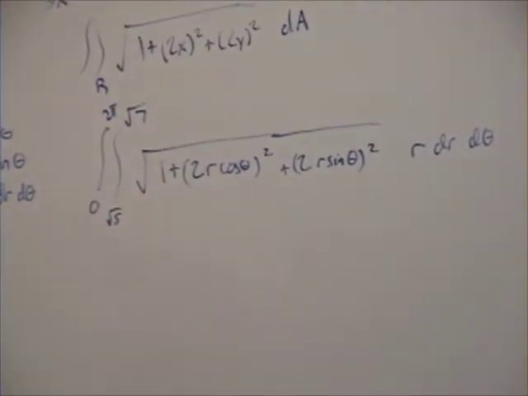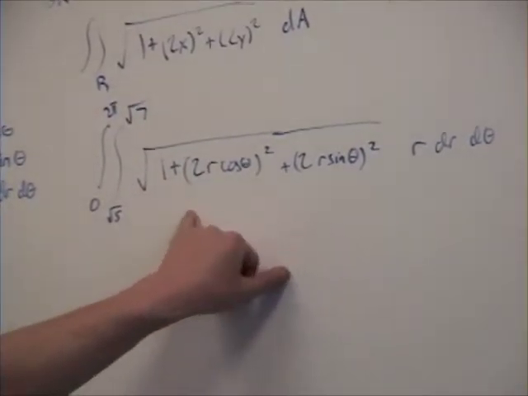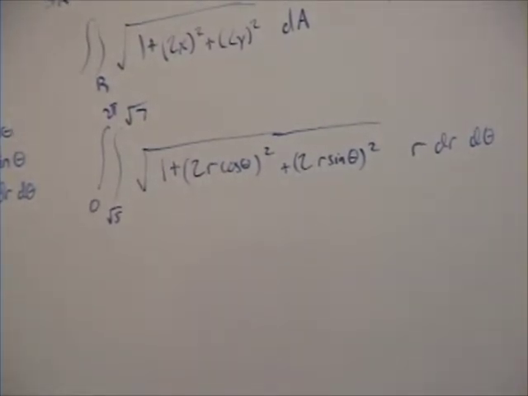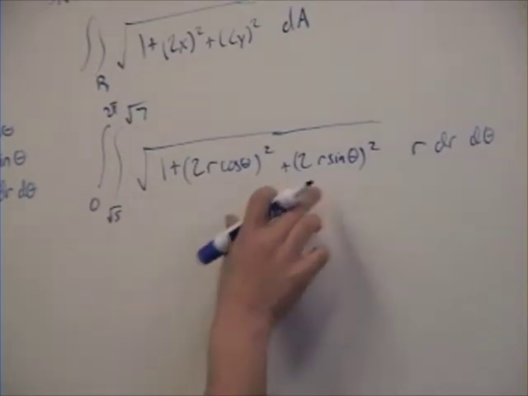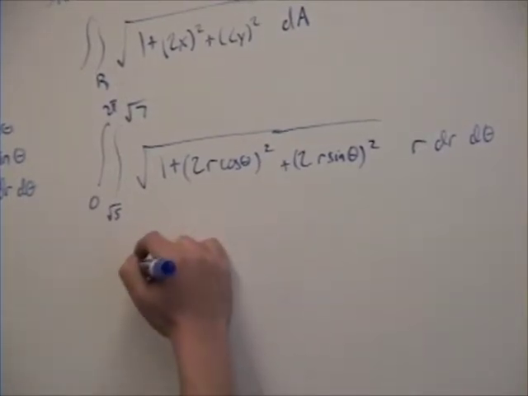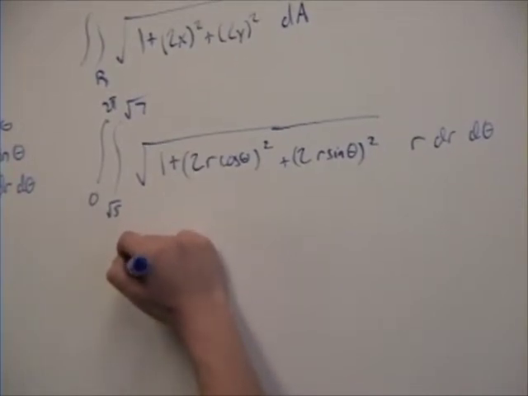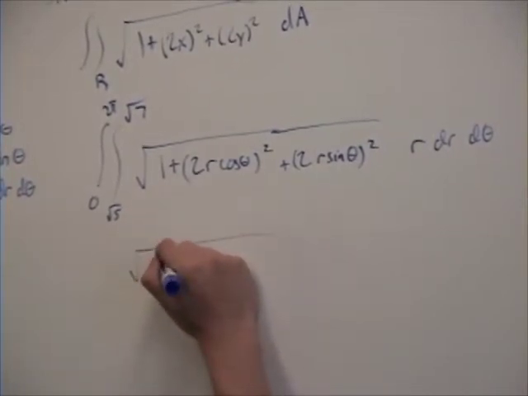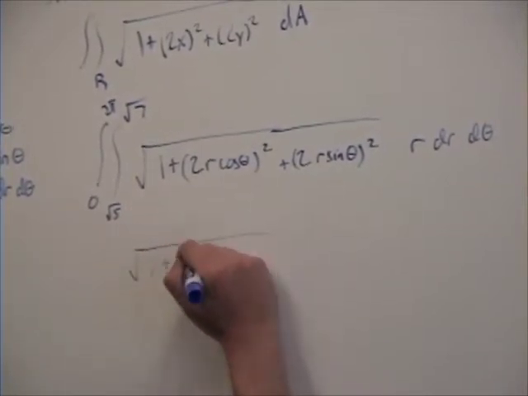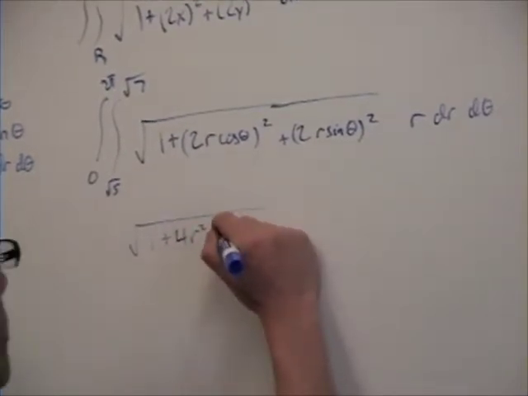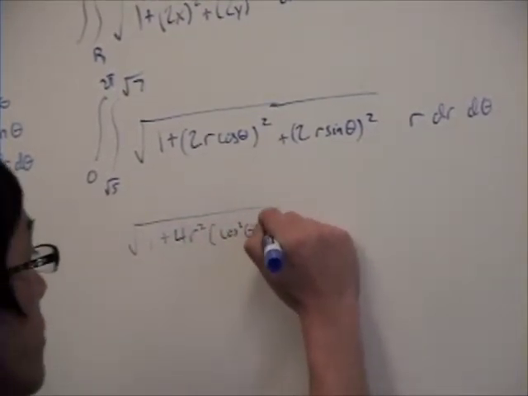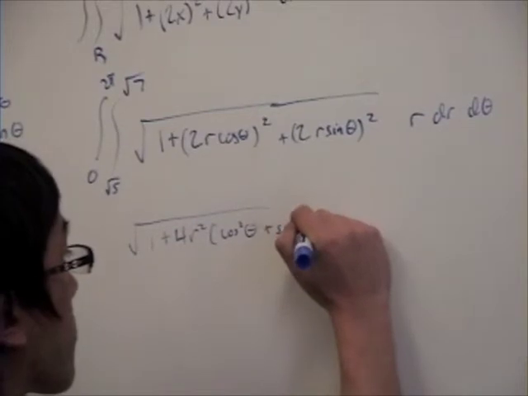First we need to evaluate this, and you'll see in a second that we will remove the thetas because of the Pythagorean property. So let's evaluate that really quick: 1 plus 4r squared times cosine squared theta plus sine squared theta.